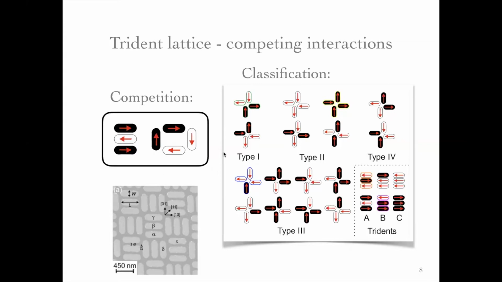In this work, we'll classify what's happening in our system by classifying the configurations in each vertex, and these are classified by types 1, 2, 3, 4, in increasing energy, and also by classifying the configurations of the tridents labeled here.